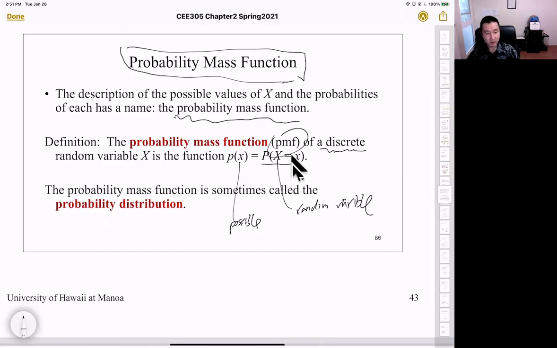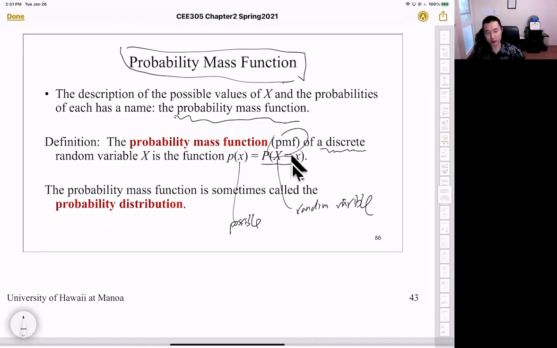Okay, that's another name for probability mass function. It is called probability distribution. So far, the idea in this session is pretty straightforward.